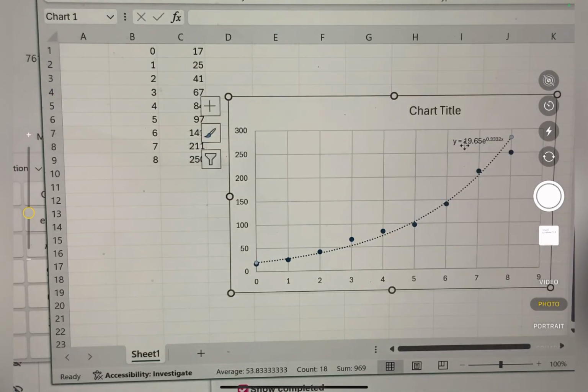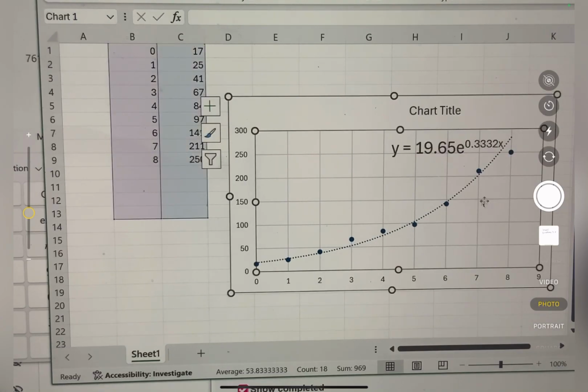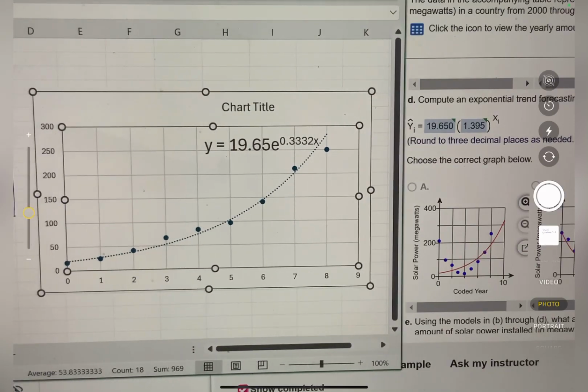So I'm going to highlight on this, zoom it all the way till 20. Okay, so we can see, and it's going to be 19650 times, because where E is next to it, that means multiplication, and raise e to power 0.3332. I already told you, right? But let me repeat.